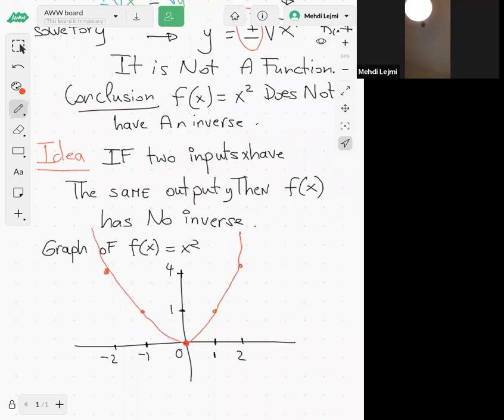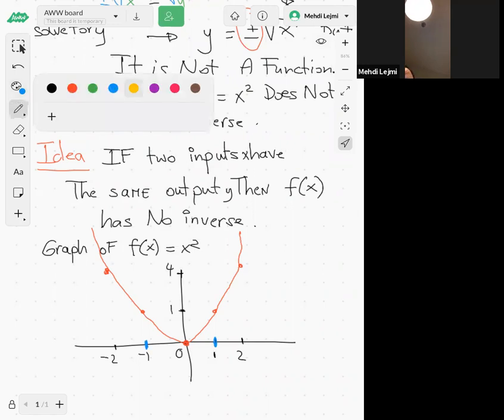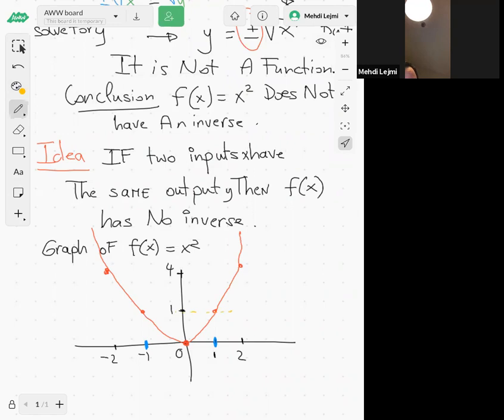Okay. So as you can see in the graph of x squared, +1 and -1 have the same output, which is +1 right here. If you take this yellow horizontal line, it intersects the graph at 2 points, which means that +1 has two inputs, the +1 here and the -1 here.